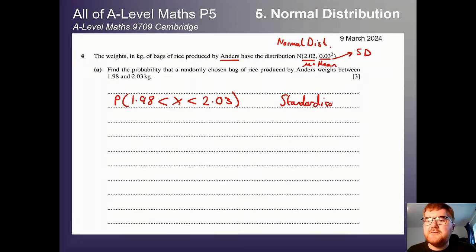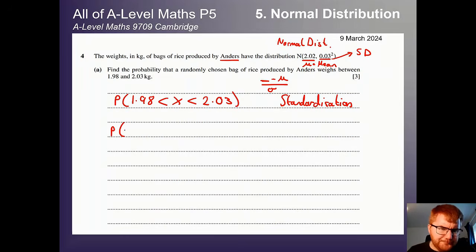So let me go through the standardization process. In order to standardize anything, we take whichever number we have, we minus the mean, and then divide by the standard deviation. This then allows us to use the table to read off the values we're looking for. We're going to do a couple of examples like this, so if that seems confusing at first, don't worry, it'll get better as we go through.